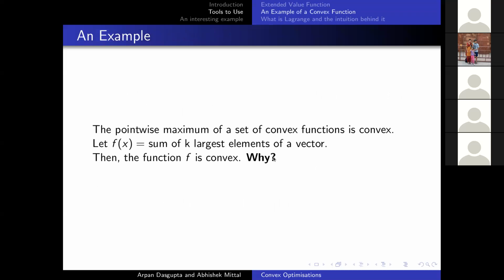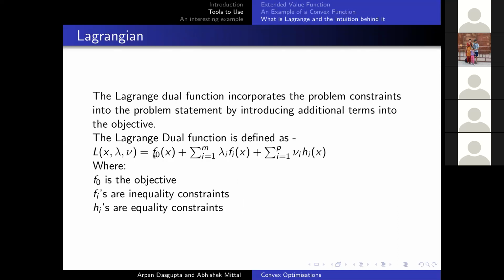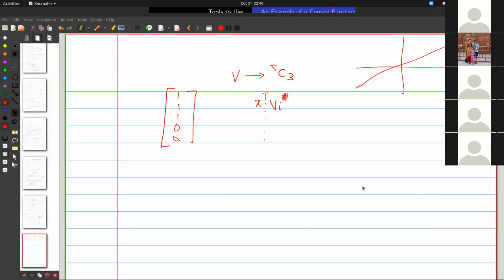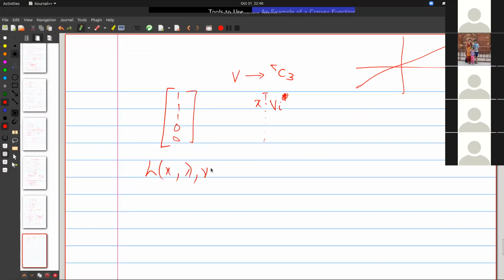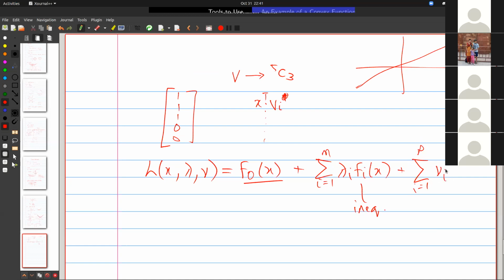Now, what a Lagrangian does is that it adds to the objective function the sum over i to m of lambda i fi of x. So these are the inequality constraints, and these are the equality constraints. The Lagrangian is defined as L of x, lambda, nu.